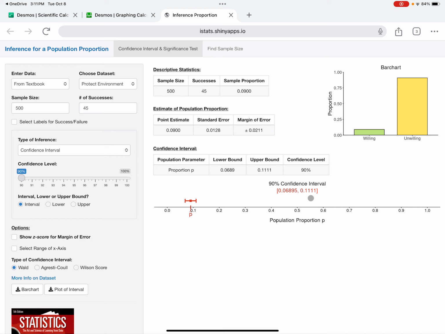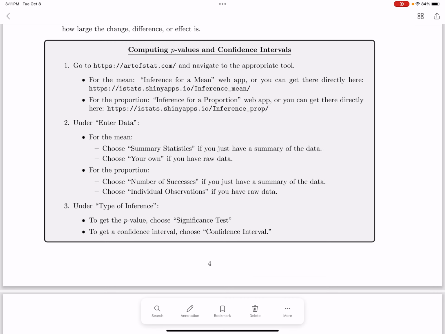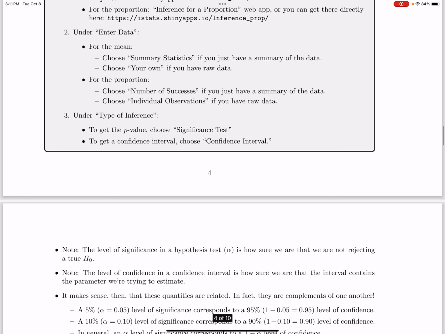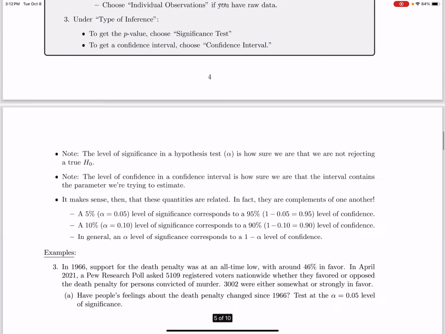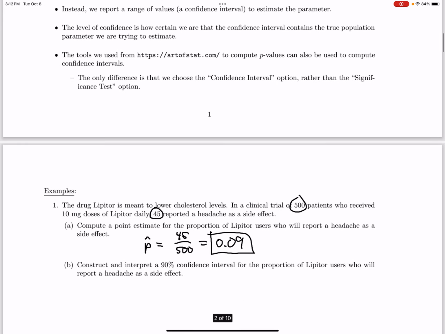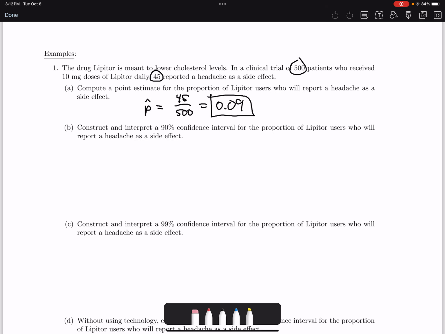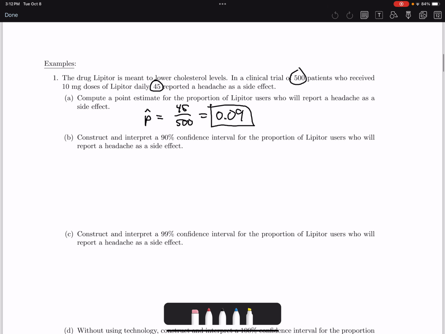Let's write that down. So let's round to 3 decimal places here. So we'll go 0.069 to 0.111. Okay, so we went to Art of Stat.